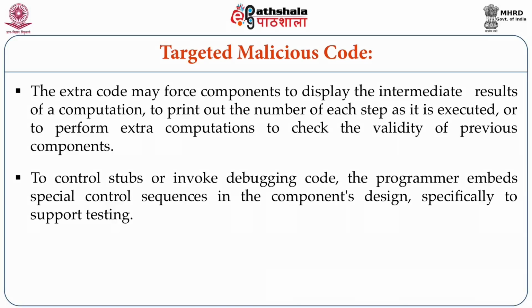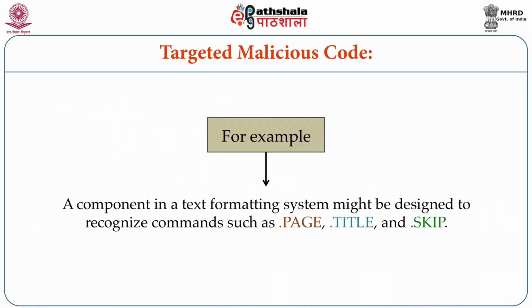Now, for invoking the debugging code, the programmer embeds special control sequences in the component's design to support testing. For example, if you have a text formatting system, the system might recognize commands such as .page, .title and .skip.